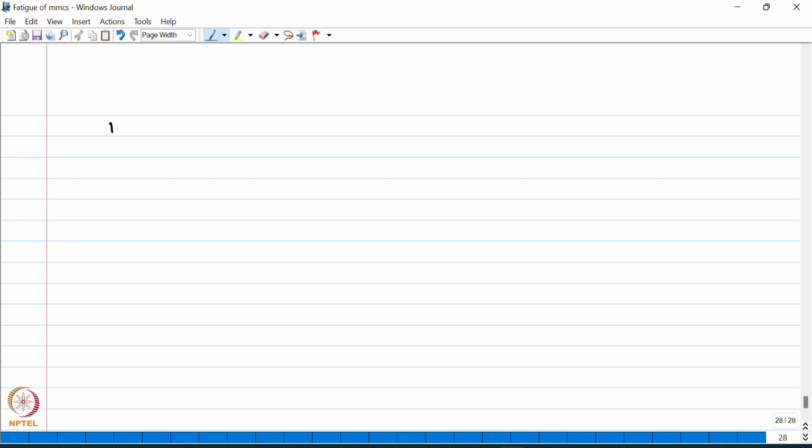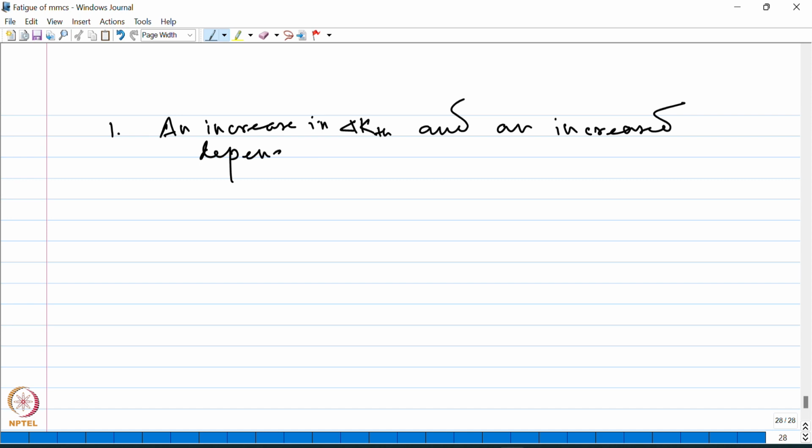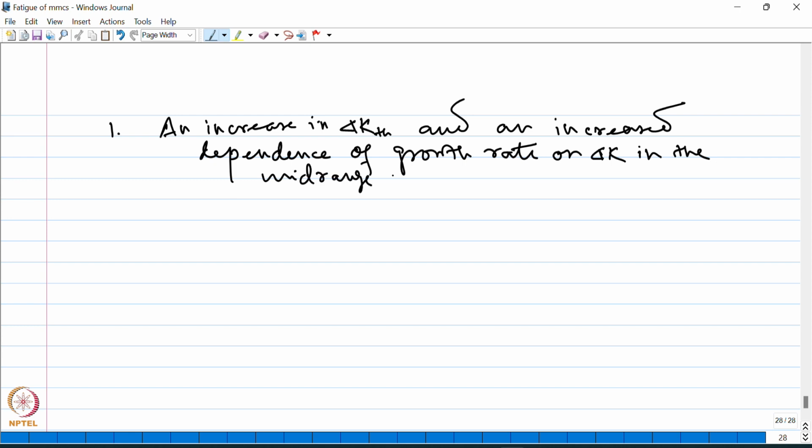Number one, an increase in the threshold, and an increased dependence of growth rate on delta K in the mid-range regime. This also means a larger value of M.